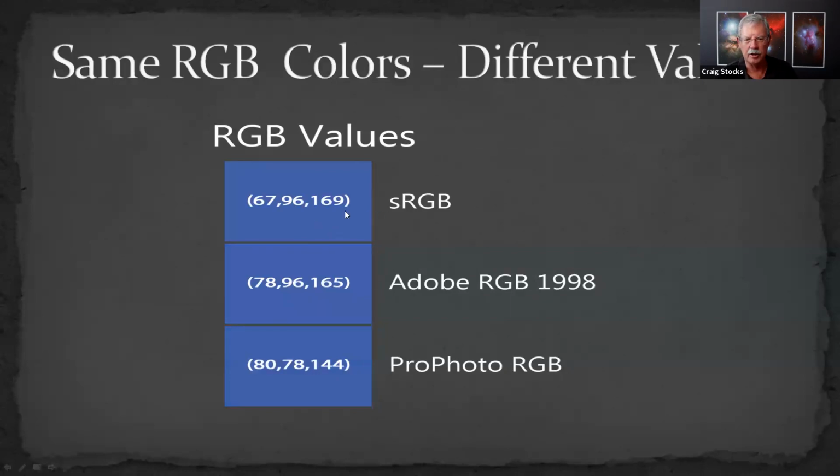So if we want to translate from sRGB into Adobe RGB 1998, we have to translate these three numbers into these three numbers. And fortunately, that's what color management does, it does the translation from one color space to another. So that we don't really have to worry about the numbers, we just have to keep the path correct.